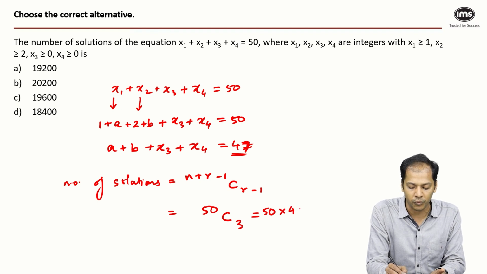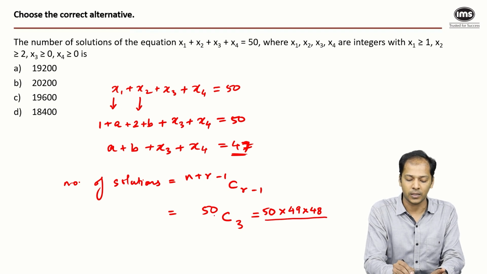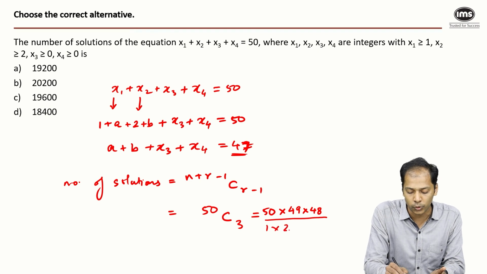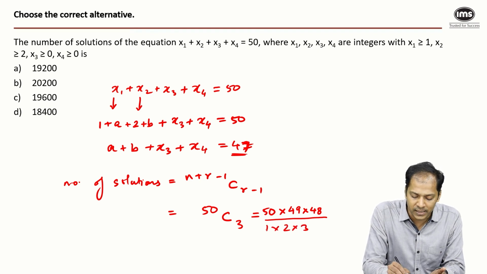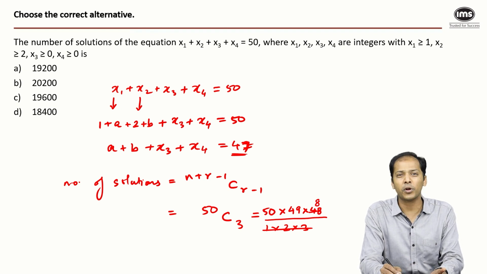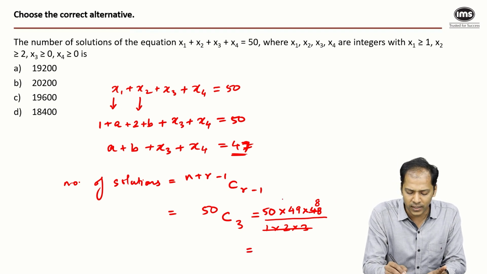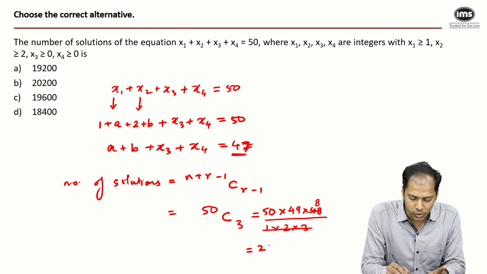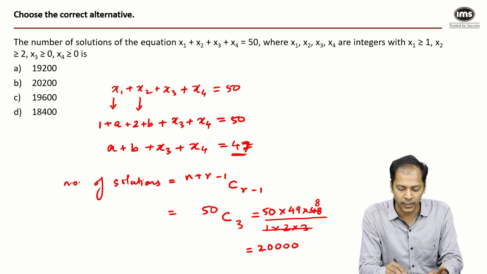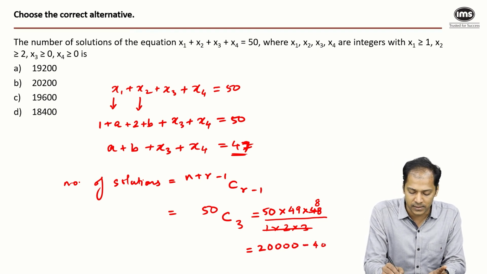50C3 is calculated quickly this way: 50 into 49 into 48 in the numerator, and 3 numbers in the denominator starting from 1, so 1 into 2 into 3, which is 6. 6 goes 8 times into 48. So 50 into 8 is 400, and 400 into 49: 400 into 50 would have been 20,000, with one multiple less, so minus 400.